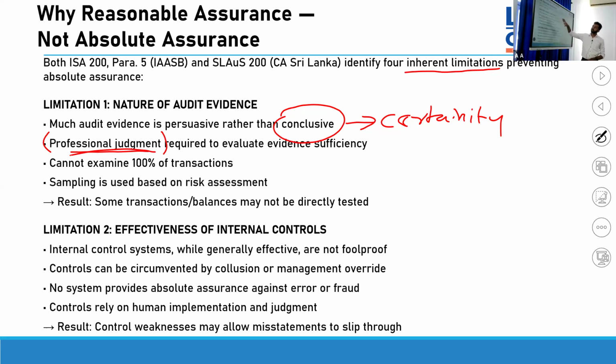That's why we can't provide absolute assurance. That is the first limitation, because we only test the sample, not the entire population, not examining 100% of the transactions.